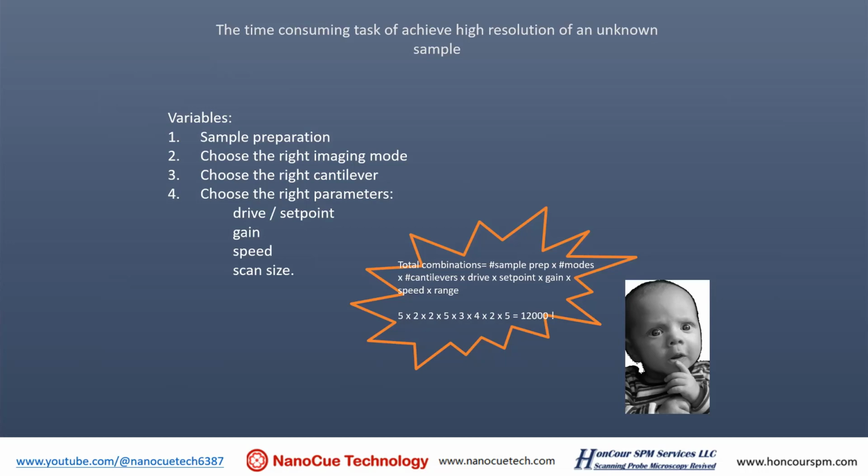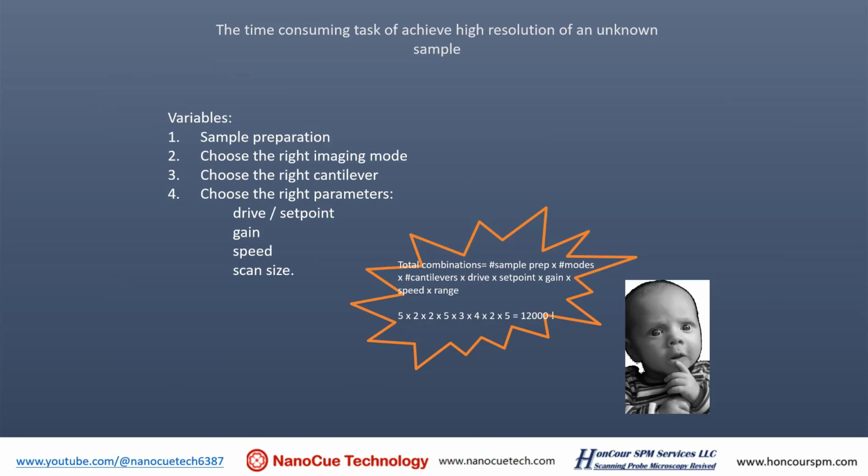In terms of parameters, there are many things. Here we have drive and set point, and then when you optimize your feedback, you have to deal with gain, the I gain and P gain, and there's scan speed and scan size. The difficulty of such a combination of parameters is that there are a huge amount of combinations.